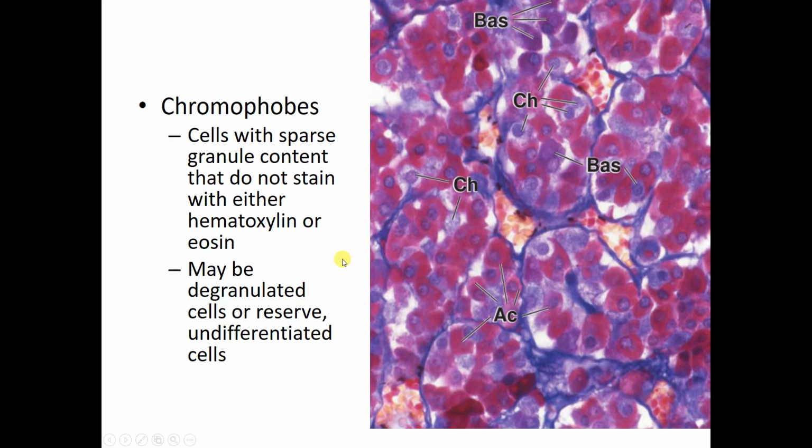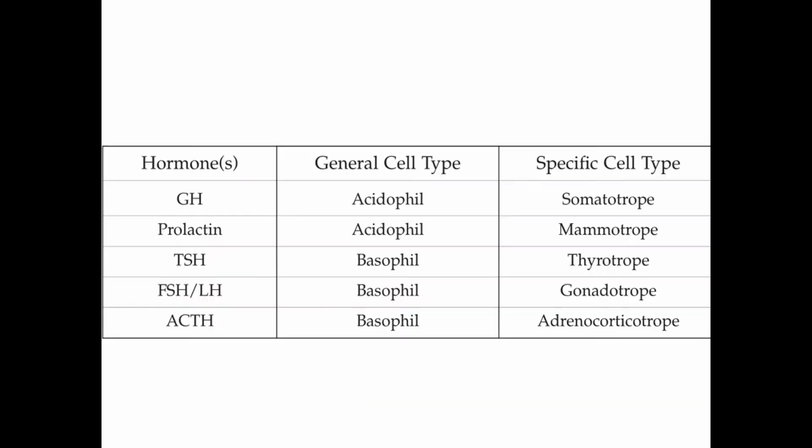Their function is unclear. Might be they're remnants of undifferentiated cells. Maybe they have no function. Maybe they have a hidden function which we didn't properly understand yet. Okay, so you can use these templates for learning.